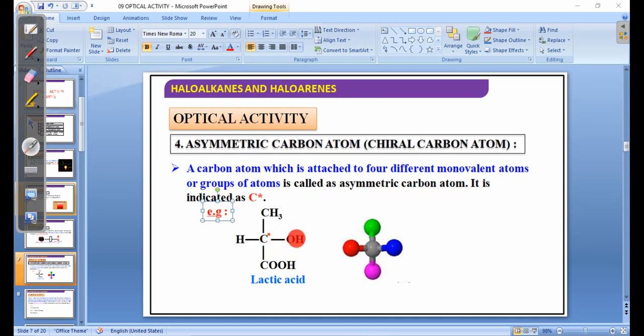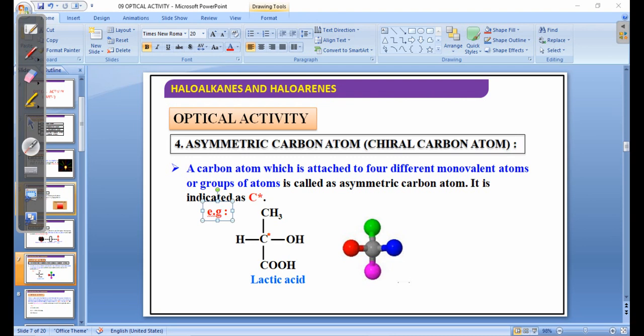See, OH, methyl, H, COOH, all four different. The carbon atom which is attached to four different monovalent atoms or groups of atoms is called an asymmetric carbon atom. It is indicated as C star. Okay, all four groups should be different.